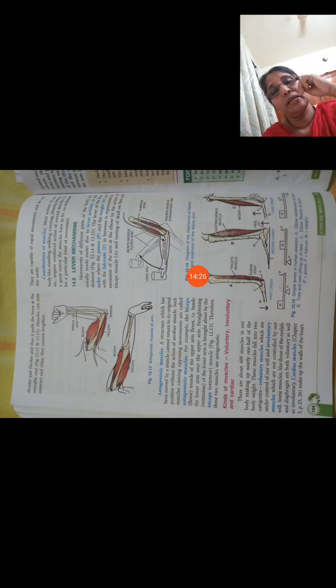Then how the muscle and bone attached in different ways make movement possible is described here in the chapter in 12.15: how a small contraction of the muscle helps us to move our body through very large angles.